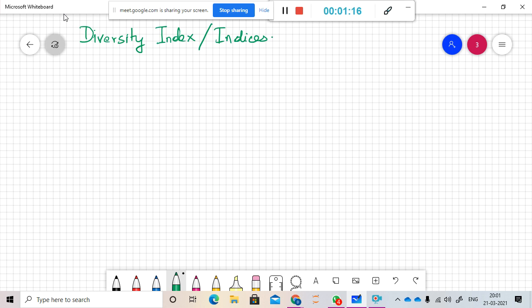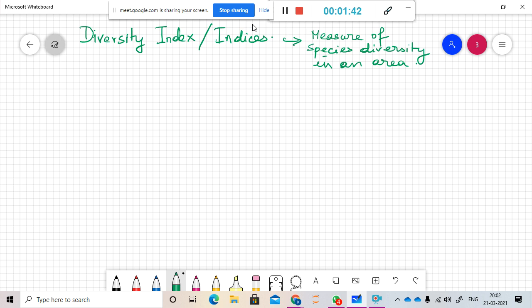Essentially this measures the species diversity. It's a measure of species diversity in an area, basically.